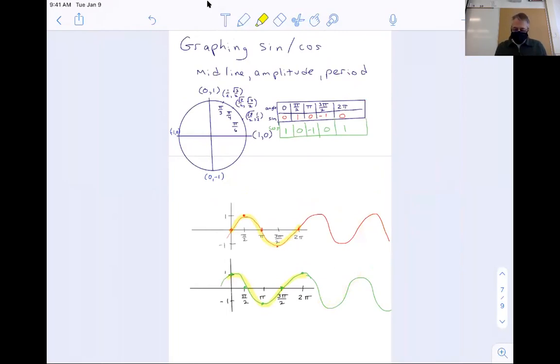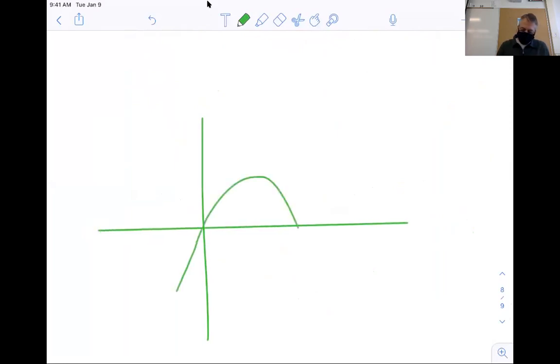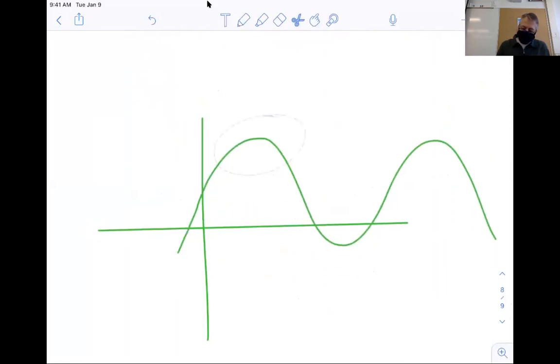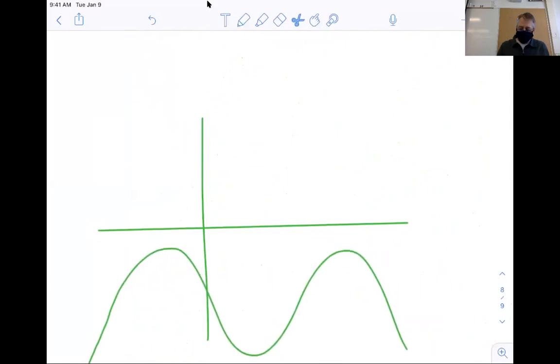All right, well, we could take a sine graph, and you don't need to write this down, but sometimes you have a sine graph and it might look like this, but sometimes it's shifted up or down or left or right.